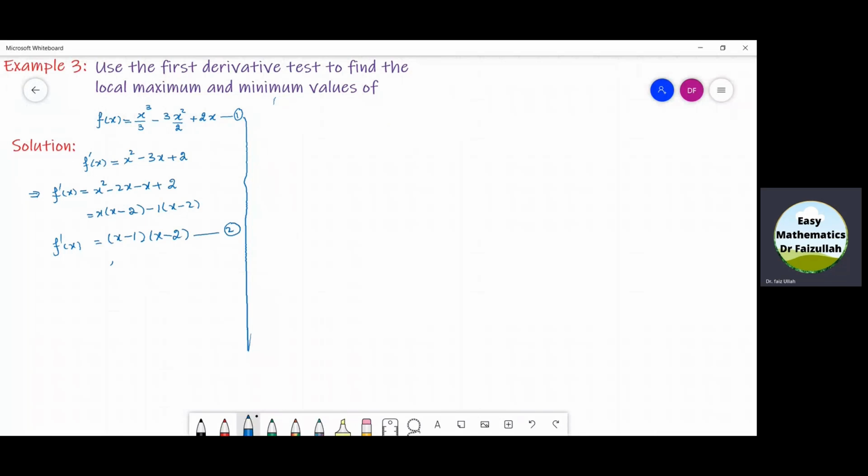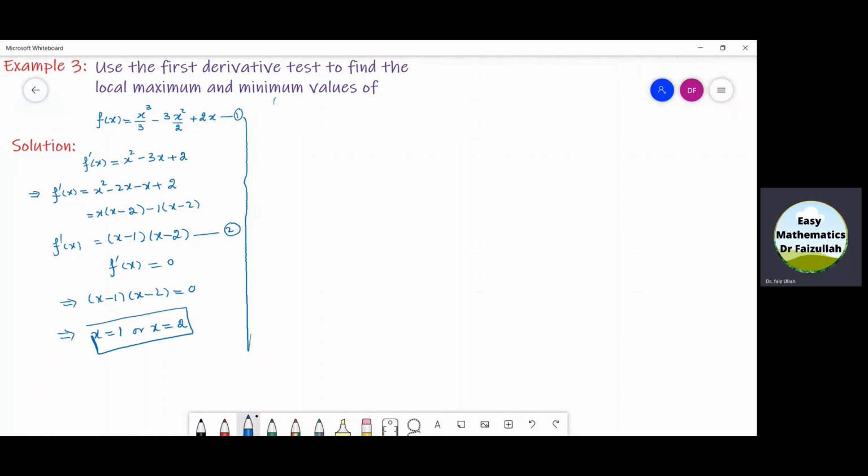Now for the critical point, we put f dash of x equal to 0, which means x minus 1 into x minus 2 is equal to 0. From this we have two critical points, x is equal to 1 and x is equal to 2.